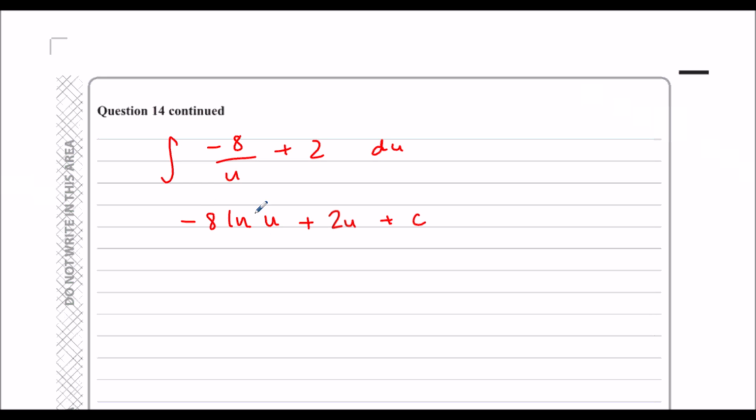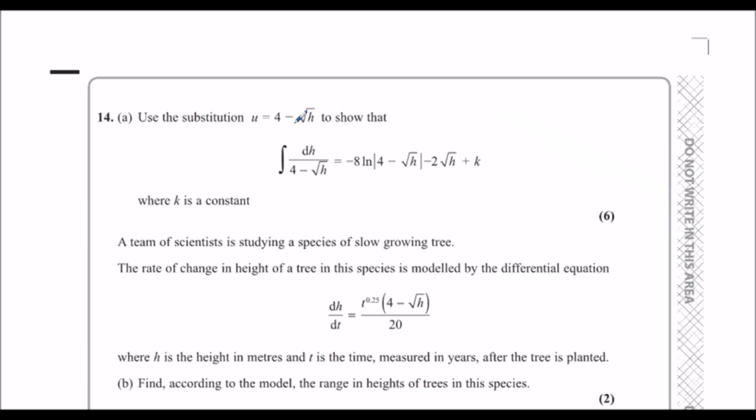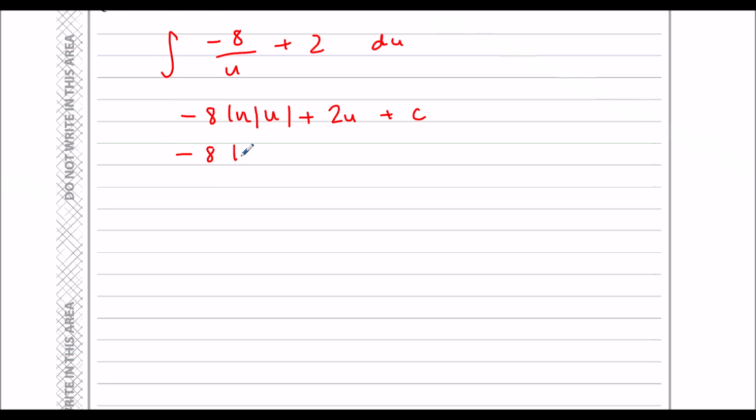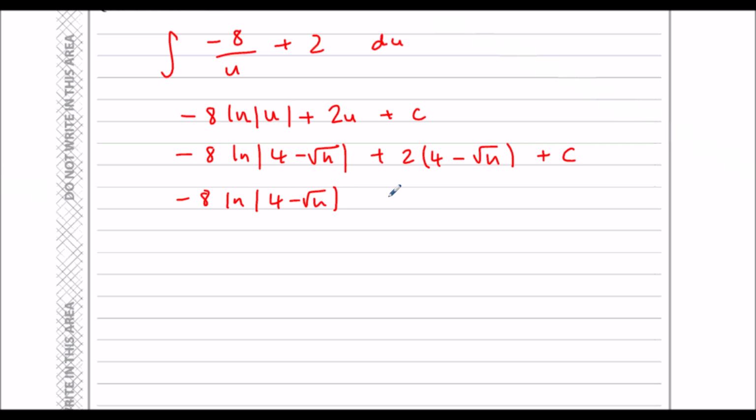So now we can just substitute our h back in for u, so 4 minus root h. So substitute 4 minus root h back in, plus 2 times 4 minus root h plus c. So we've got -8 ln 4 minus root h plus 8 minus 2 root h plus c.